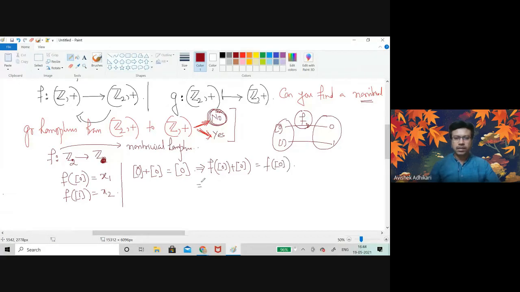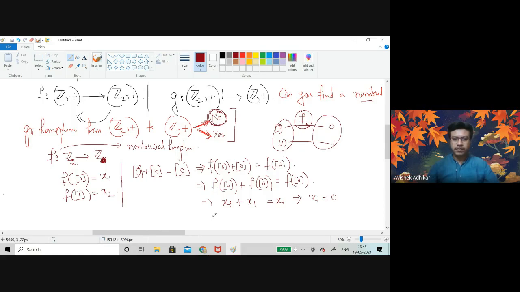By the homomorphism property, f of class 0 plus f of class 0 equals f of class 0. If I put these values, x1 plus x1 equals x1. What is the value of x1? It is 0. So x1 equals 0.